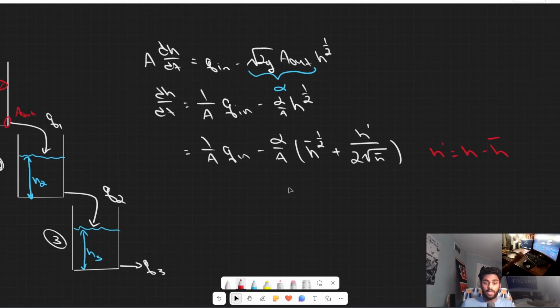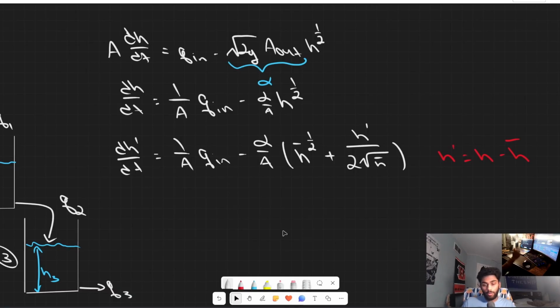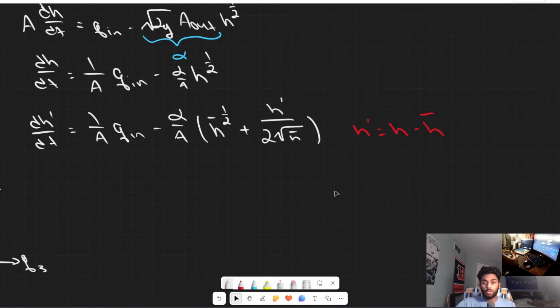Because of that, we now rewrite our differential term in terms of that deviation from the initial steady state. Now we must find the value at that initial steady state and subtract that from this newly derived equation. What do I mean by that?